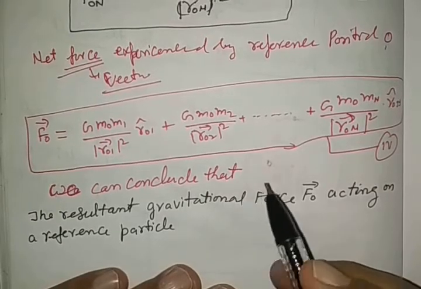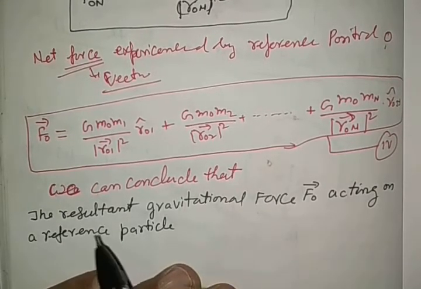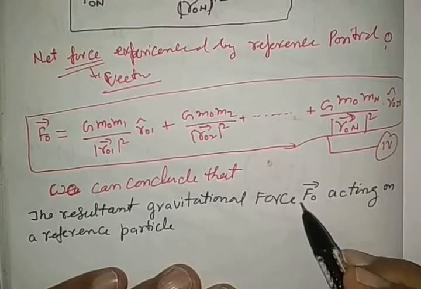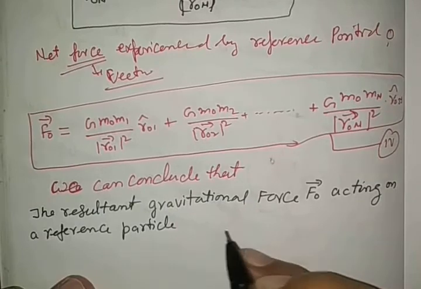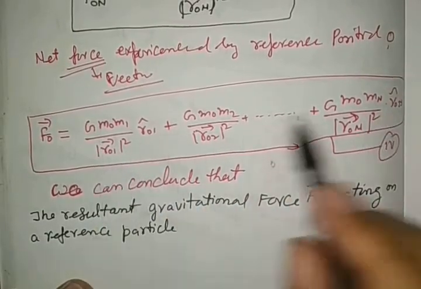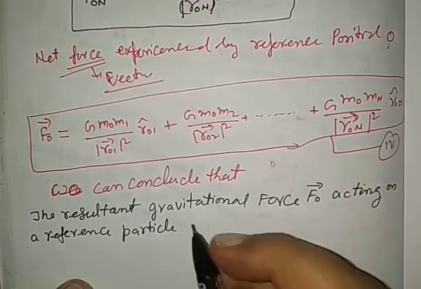So we can conclude from this explanation that the resultant gravitational force F0 acting on a reference particle is a vector sum, not a mathematical sum, because force is a vector quantity.